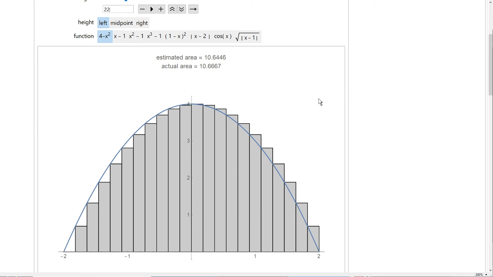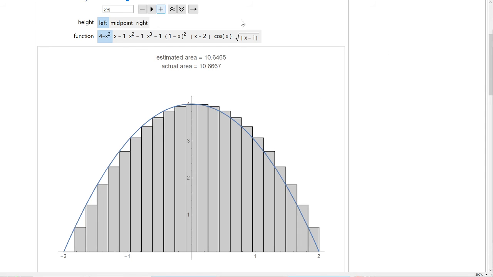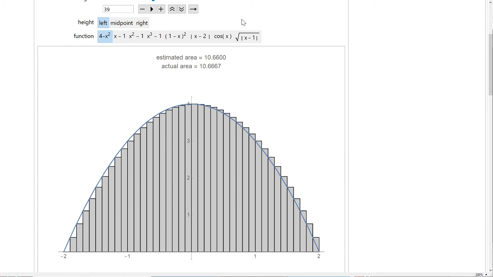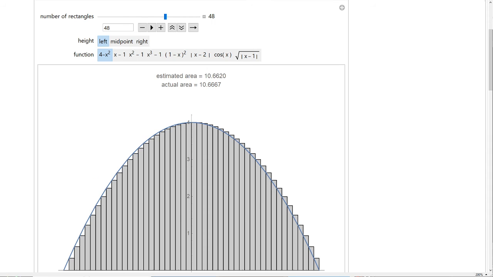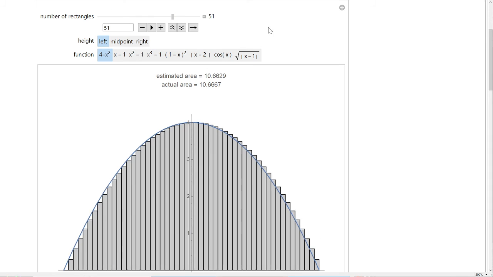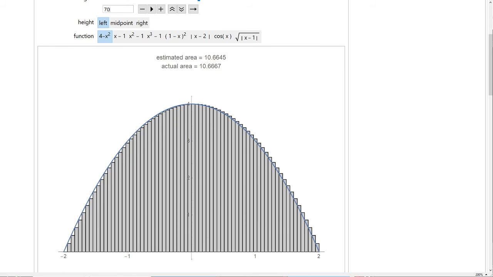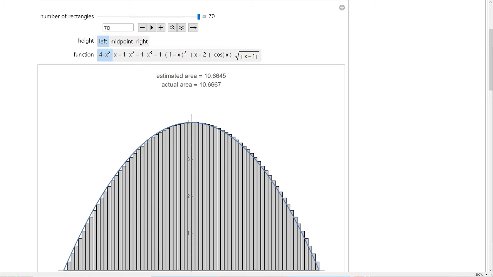So we get closer and closer, this estimated area, to the actual area. And we can keep doing this. And you can see at some point here, how far did this go? Let's push this all the way to 70. If we push this all the way, this fills in quite nicely. So the more rectangles we use, the better.